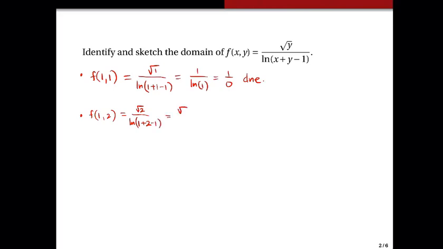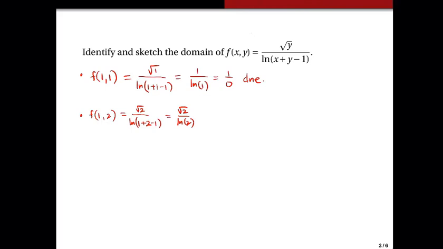So this is equal to square root of 2 over ln of 2. So this shows that since we got a real number here, it means that the point (1, 2) is in the domain of the function f.